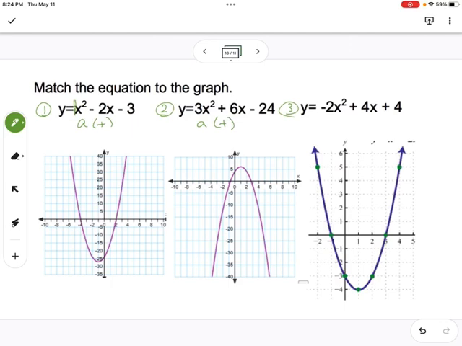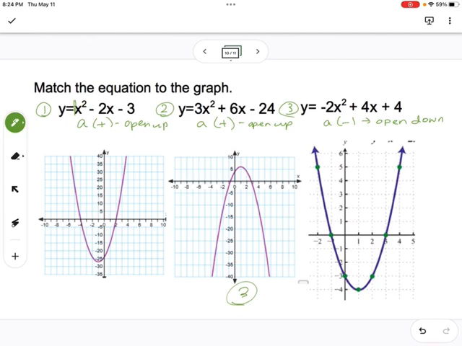So those graphs are going to have the parabola opening up. And then the third one, we have a negative 2 as our a, meaning it's going to open down. Okay, so it's going to be easier for us to determine our equation 3. If we look at the 3 graphs here, only one of those is opening down, which matches with 3. So that's that one there.